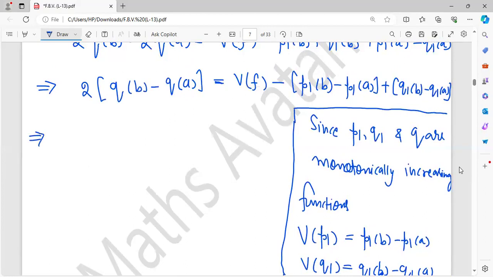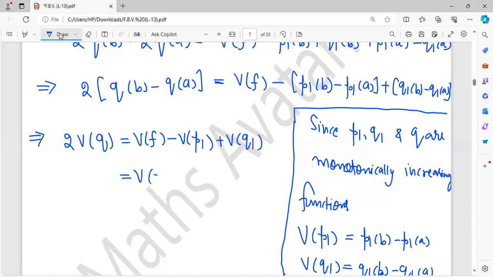So what is this? 2 times, this is variation of Q. This is VF, variation of F. This is variation of P1. And this is variation of P1. But the variation, but what is F? P1 minus Q1.